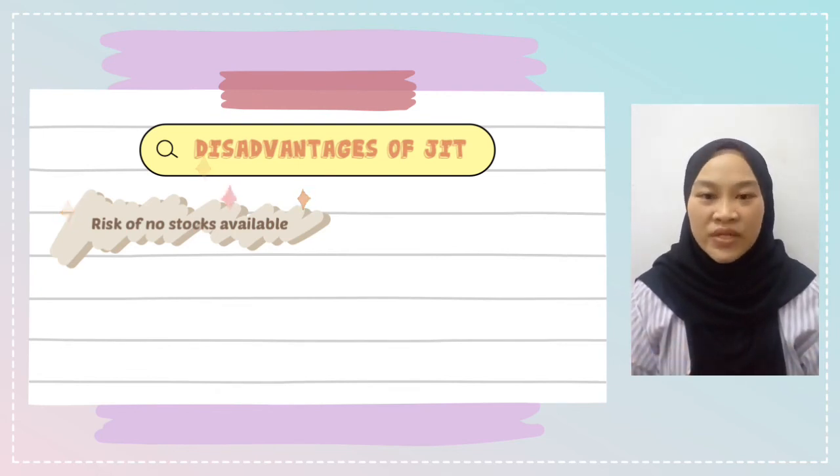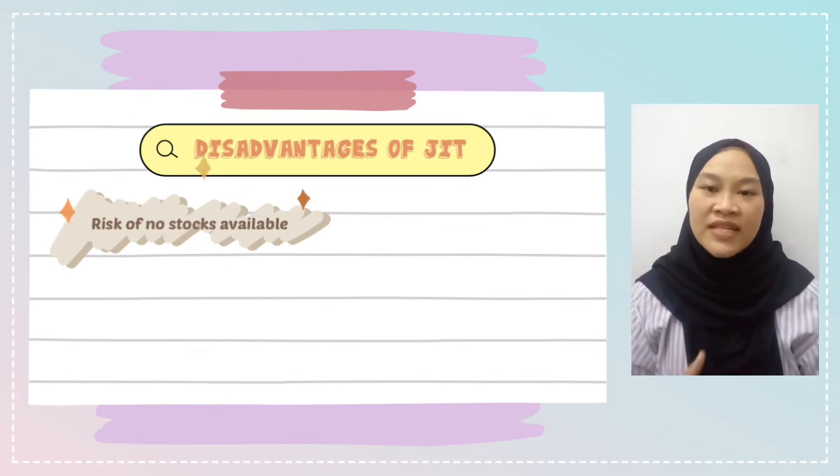So, in order to do this, the company must have a good relationship with the supplier. A supplier that doesn't deliver goods to the company on time and in the correct amount could seriously impact the production process.